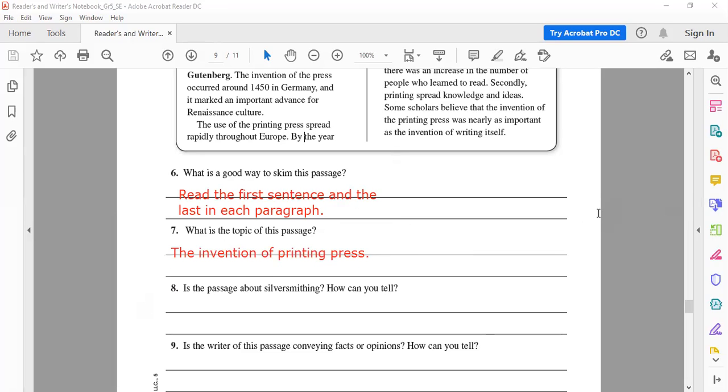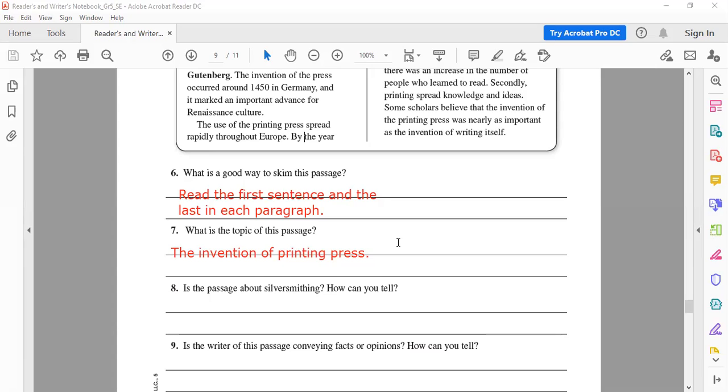Okay. Is the passage about silversmithing or how can you tell? Silversmithing is about a type of painting also. But is this passage about it? Yes or no?